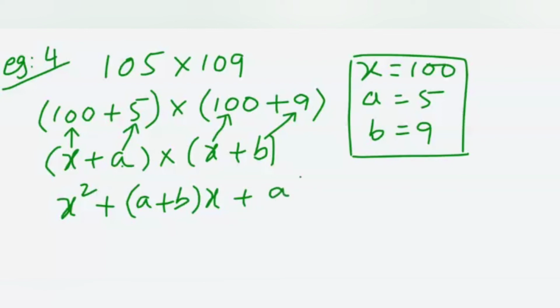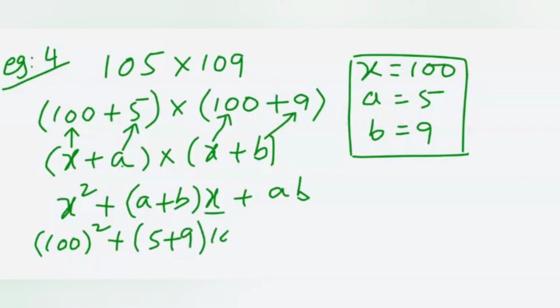Let us substitute the values. x square means 100 square, plus (a plus b) means (5 plus 9) into x, which is 100, plus ab means a into b, which is 5 into 9. Don't write 59. ab means a into b, which is 5 into 9.